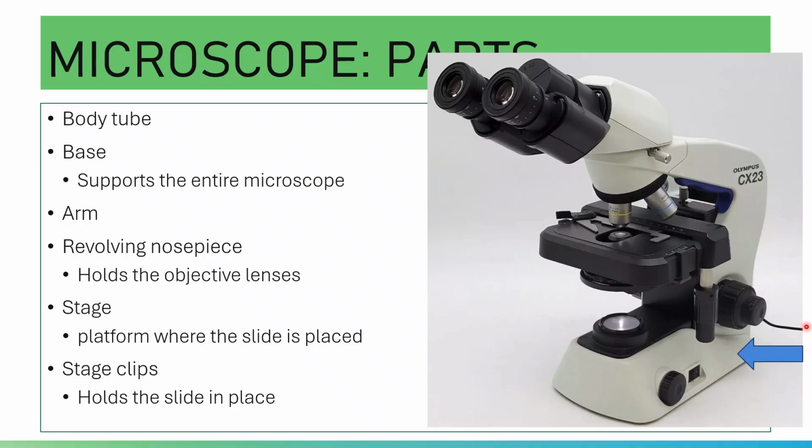And then you have the arm. This is the arm which holds the revolving nose piece. The arm is a curved or upright support that connects the base to the head.